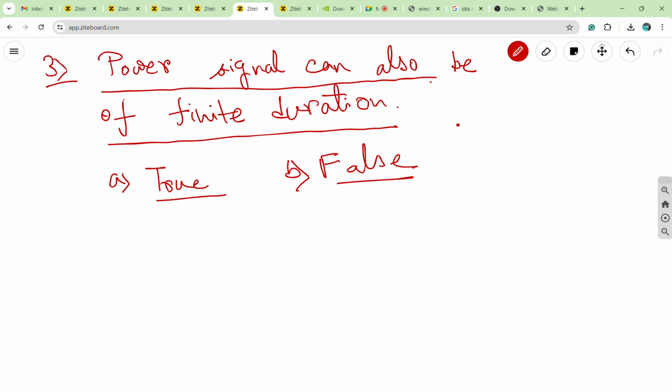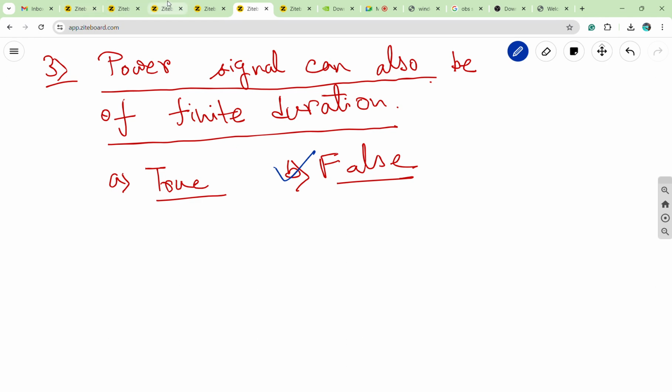So what's the comment on this? Power signal can also be a finite duration. So this will be false.